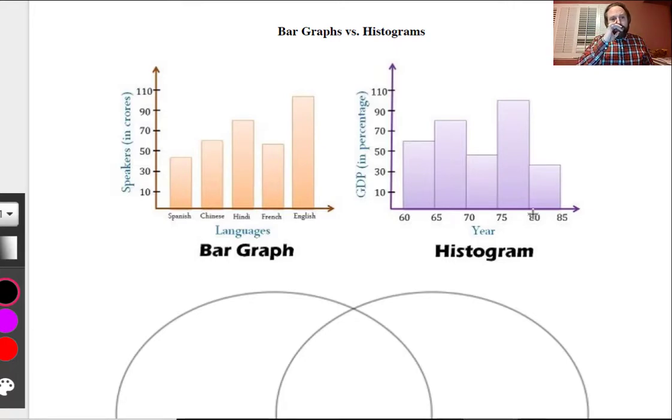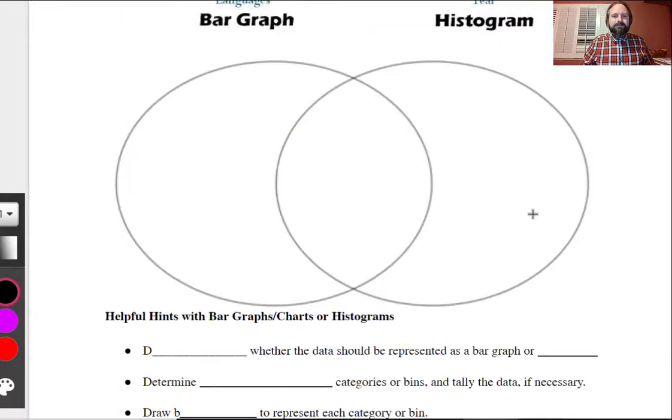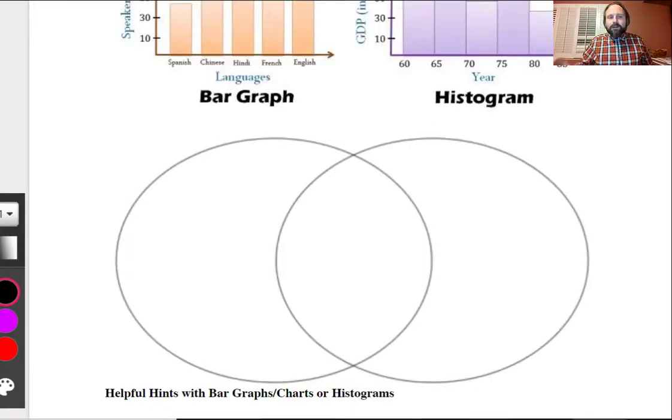So let's go over some ideas of what they share and what they have in difference. So we're going to compare and contrast bar graphs and histograms. Something that they both share, they're both visual graphical displays of data. So let's write that down.